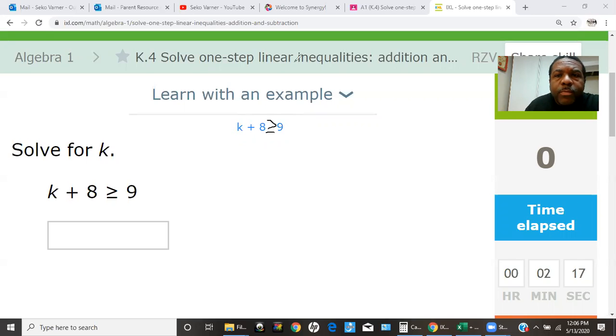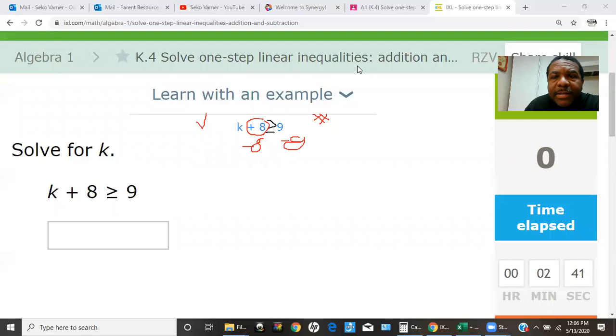So first thing we're going to do is identify what we need to move. Well, we want to have the variables on this side, okay? We want to have the numbers on this side. So we're going to move this positive 8. And the way we can do that is by subtracting 8 on both sides.